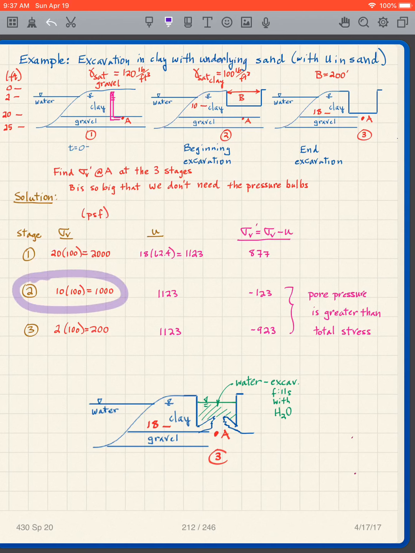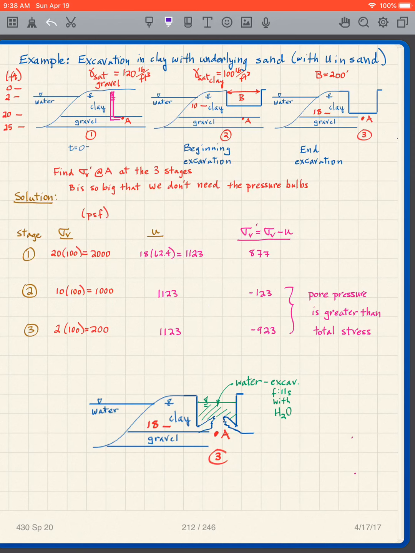So it's going to be 18 times 62.4, which gives 1123, and it stays the same at every stage because there's free communication from this water into that gravel, and therefore this water level determines the pore water pressure, 1123 for all the stages.